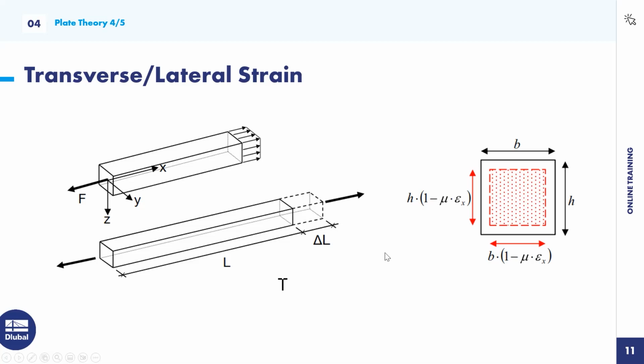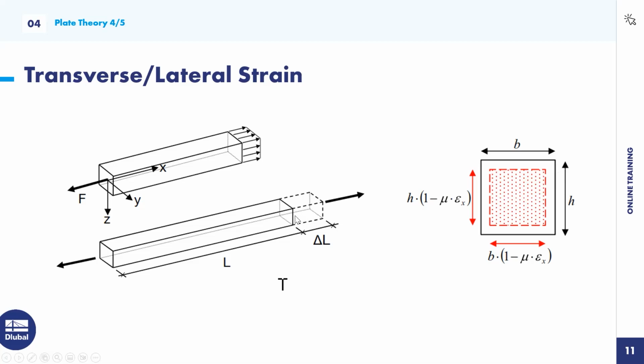So for example, for a tension specimen that will be pulled on both sides, we will have it pulled here as well as here, and it will deform by delta L. Now with this Poisson's ratio, we define how the section will shrink.